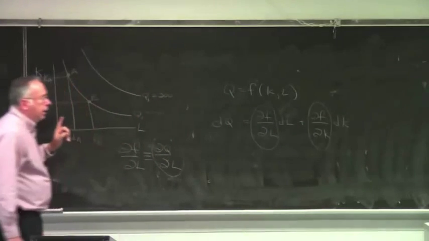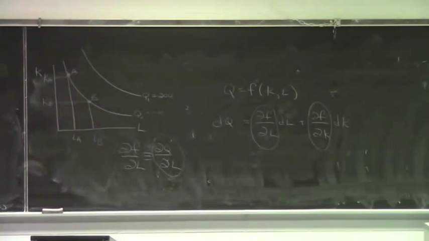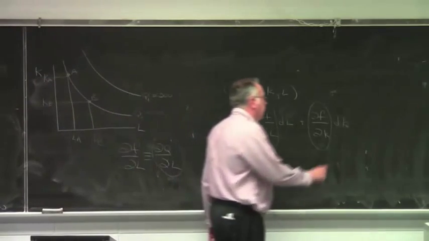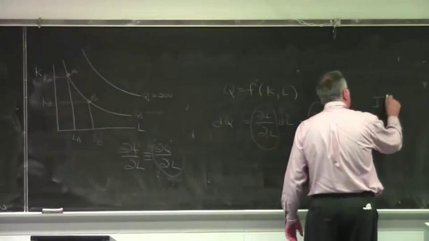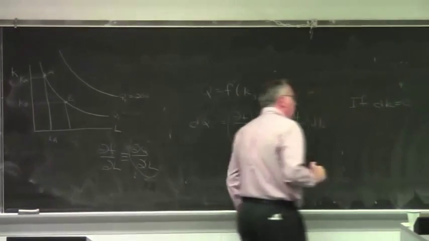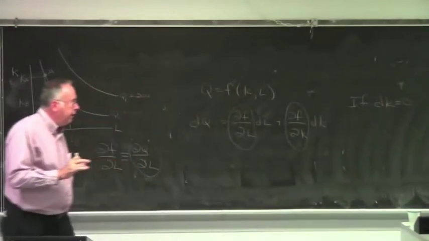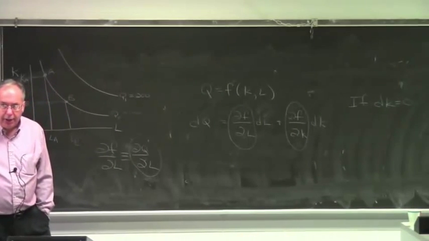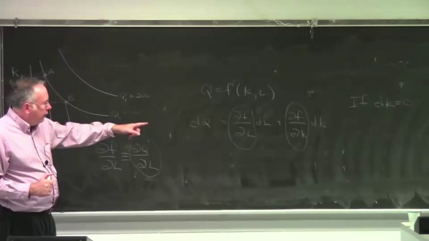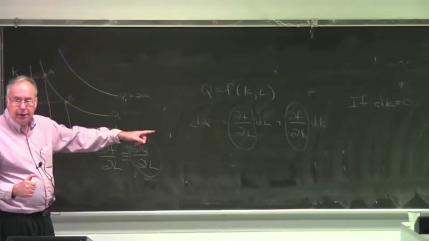Now, what would happen if, say, dK is 0? If dK were 0, then that means capital's not changing. And what would this equation reduce to then?